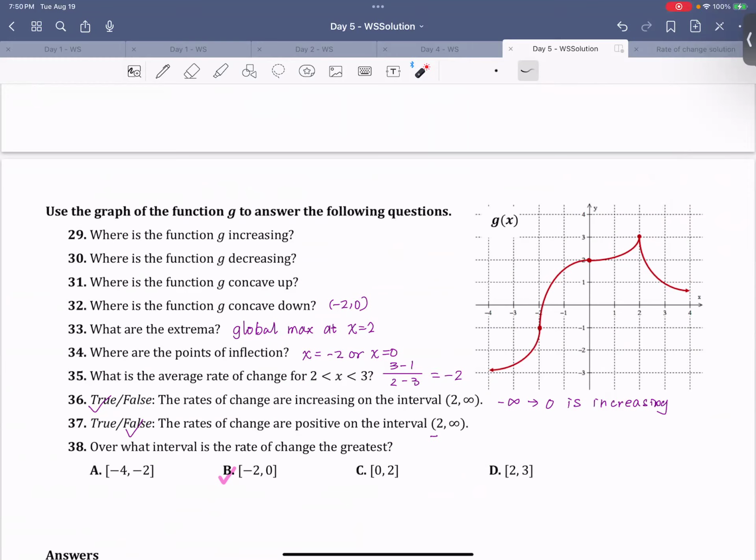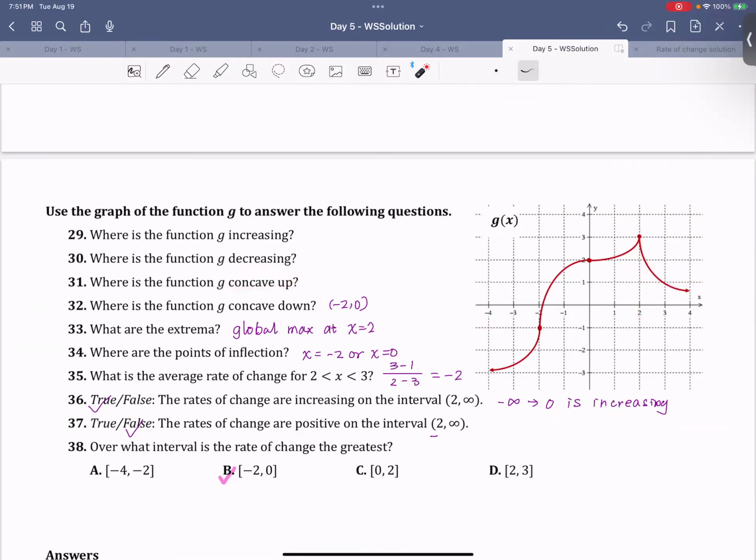Krisha, from where to where is it increasing? Let's go all the way to negative. Okay, yeah. From negative infinity to 2. Yes. Decreasing? 2 to infinity. Very good. The concave up.